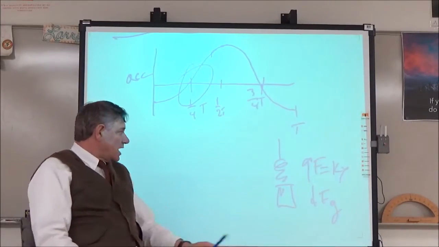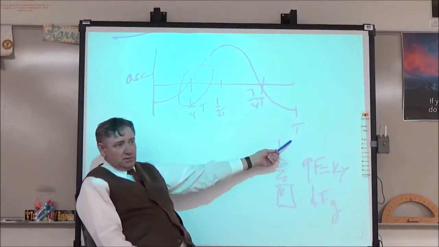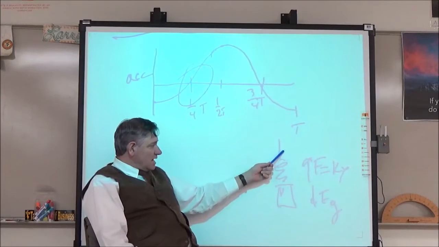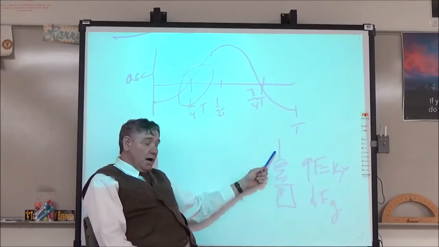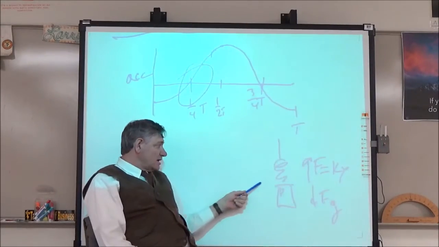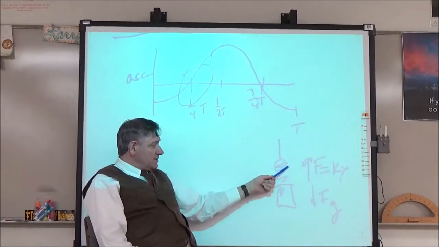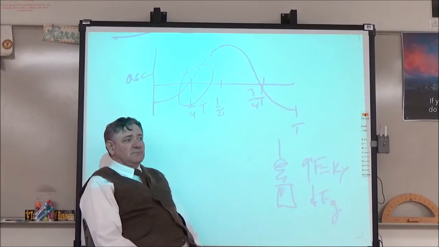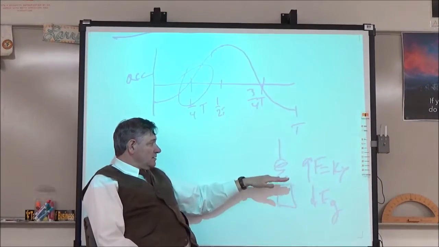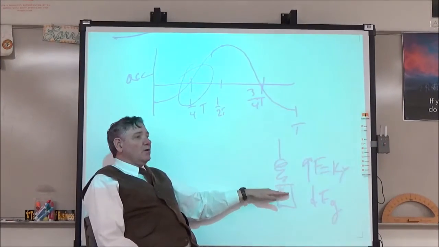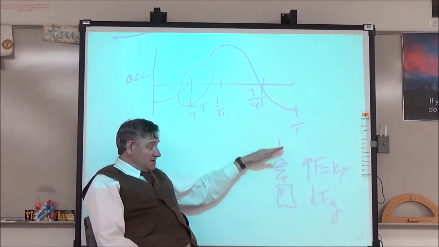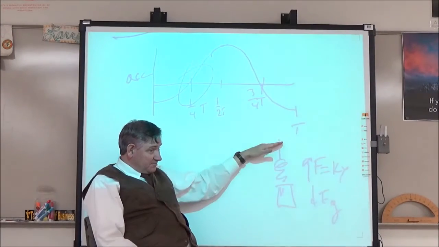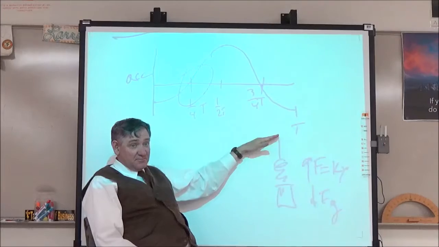But once it crosses that point, on the way up, what's going to be bigger, gravity or the force from the spring? Spring. Okay? On the way up, once it crosses that point, which one's going to be bigger? Gravity's going to be bigger, right?